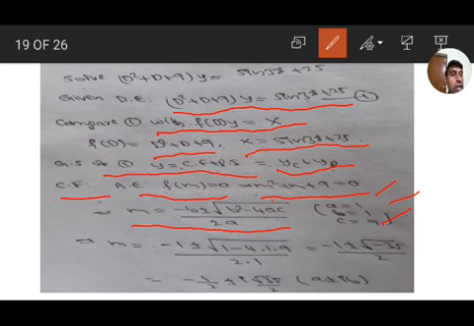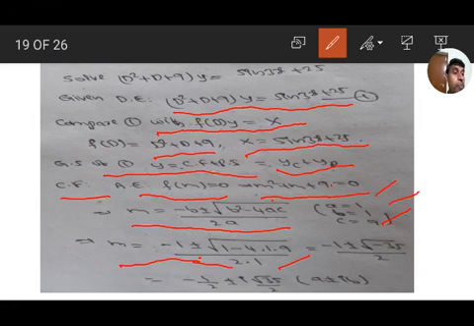Here ax square plus bx plus c is the standard form. Substituting the values in the formula, we get m equal to minus 1 plus or minus square root of 1 minus 4 into 1 into 9, by 2 into 1. 4 into 9 means 36, 1 minus 36 means minus 35.